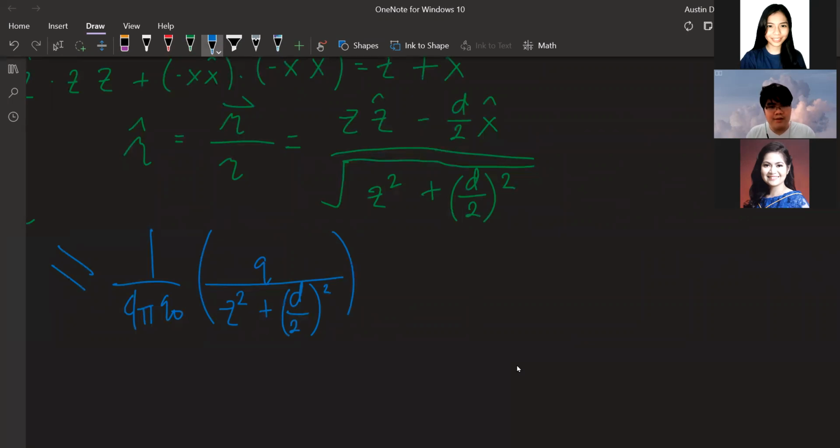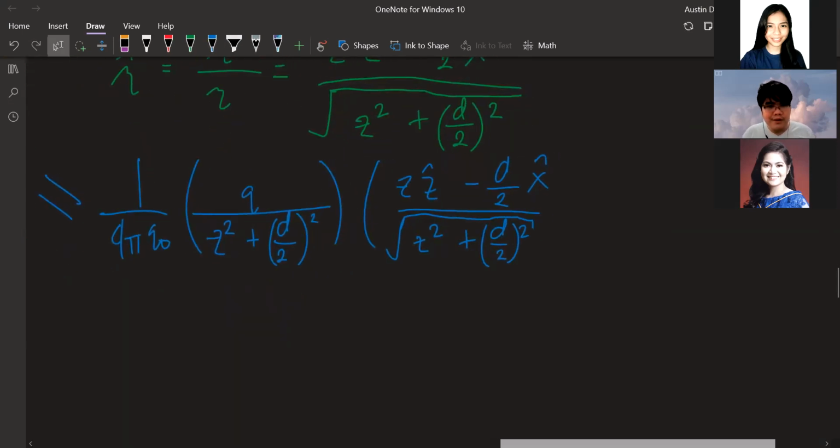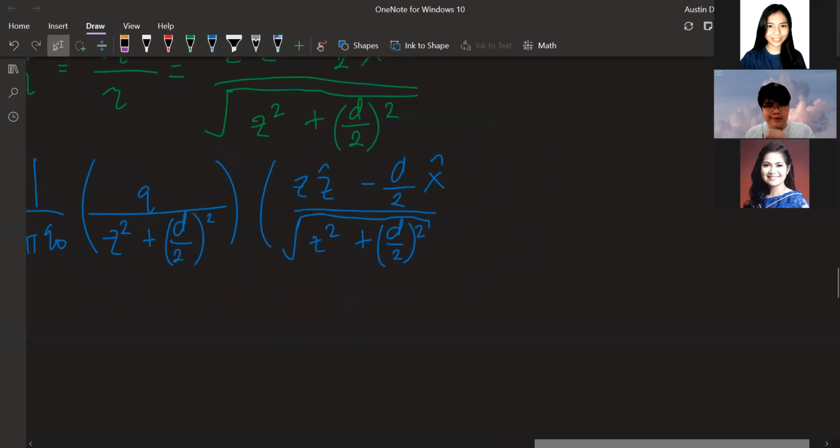Then I'll plug in this whole thing, scary. Z hat, ang haba, no? Isipin mo, simpleng problem, magiging ganito. Square root of z squared plus d over 2 squared. I close my square root. So this is it for your E2.